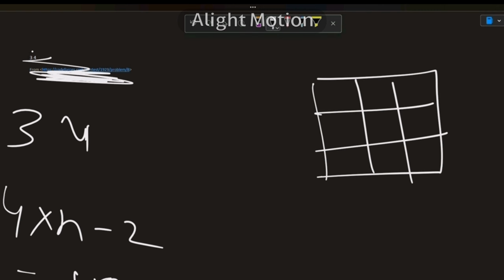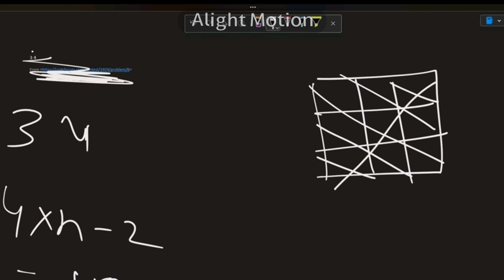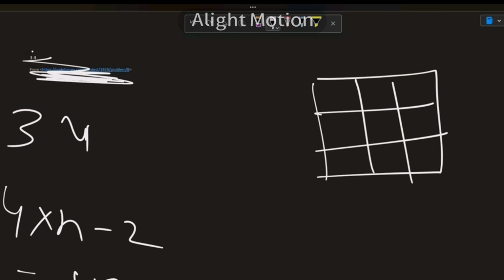10 diagonals, how can I create? Let me explain. One diagonal, it would be 2, it would be 3, 4th diagonal, 5th diagonal, right? Similarly 6th, 7th, 8th, 9th and 10th. So you can see that I can create 10 diagonals eventually.